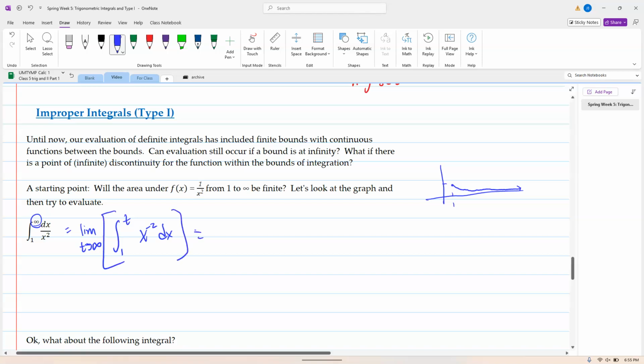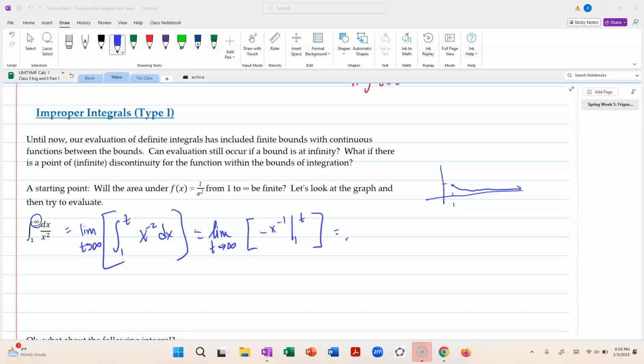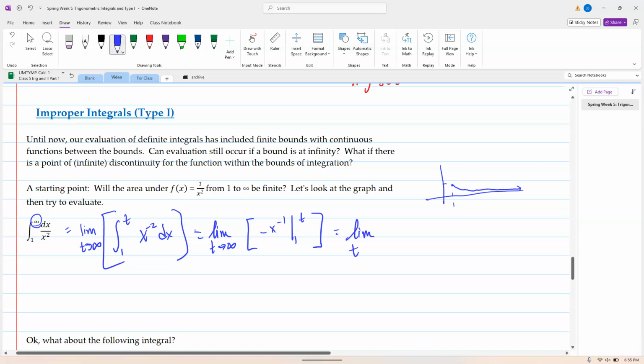So we just have a limit as t goes to infinity sticking out front, and then this would be negative x to the minus 1 evaluated at 1 and t. So then we get the limit as t goes to infinity of negative 1 over t plus 1.